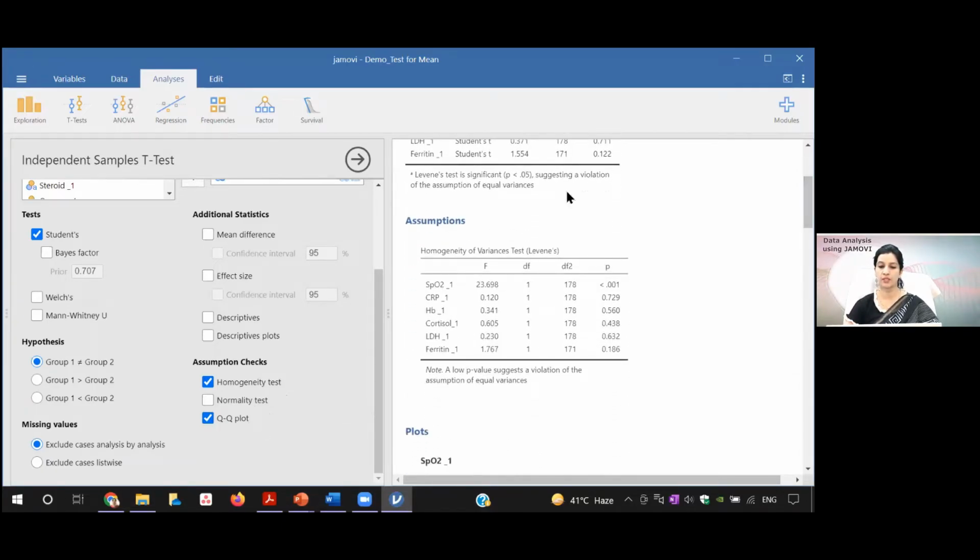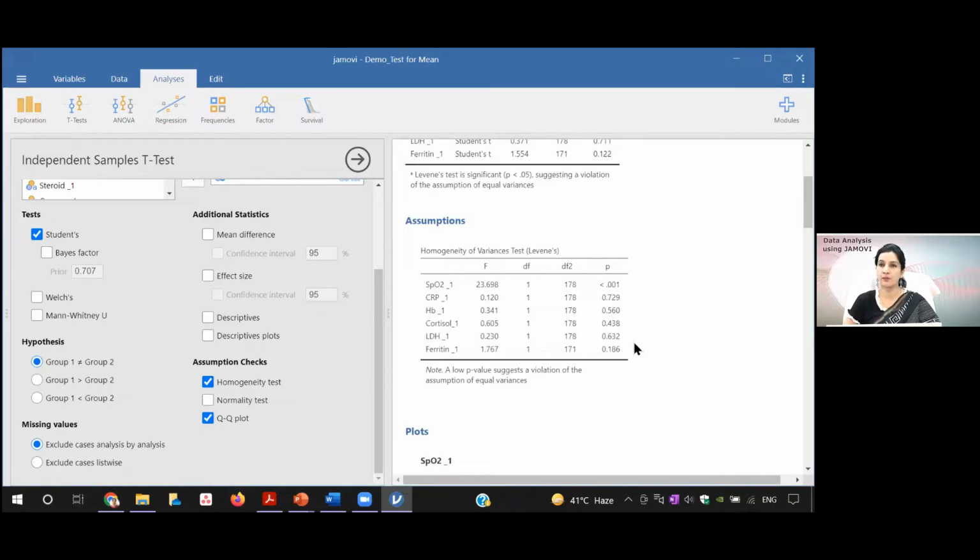So if you see this homogeneity of variance, can you type in the chat box for which variable this assumption is not met? Homogeneity of variance assumption is not met for which variable? So yes, you are right, it is the SpO2.